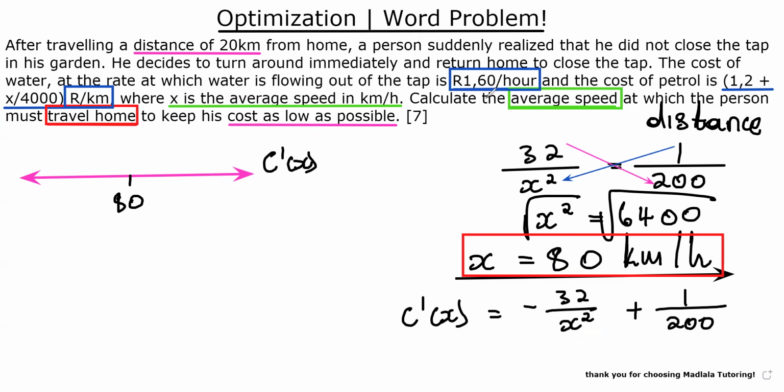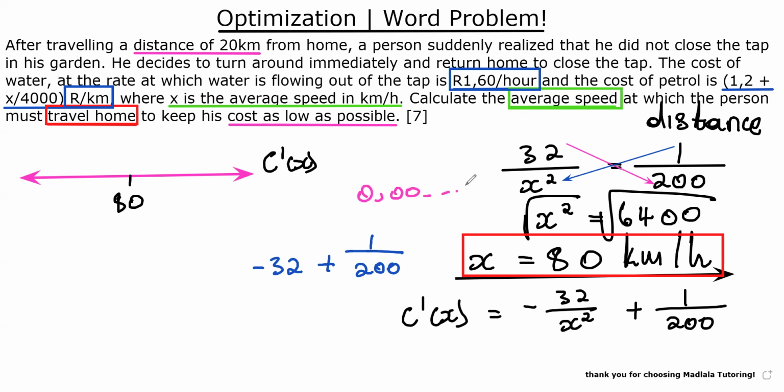1 squared is 1 and 32 over 1, it's negative 32. And if you say negative 32 plus 1 over 200, what is the answer going to be? Well, we are not interested in the answer, but rather in the sign of that answer, okay? Well, 1 over 200 is definitely a very small number.